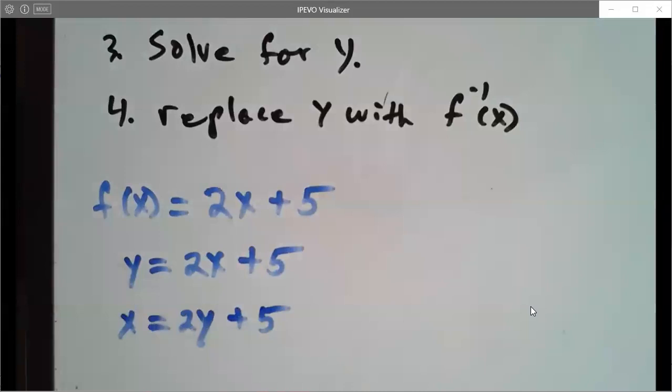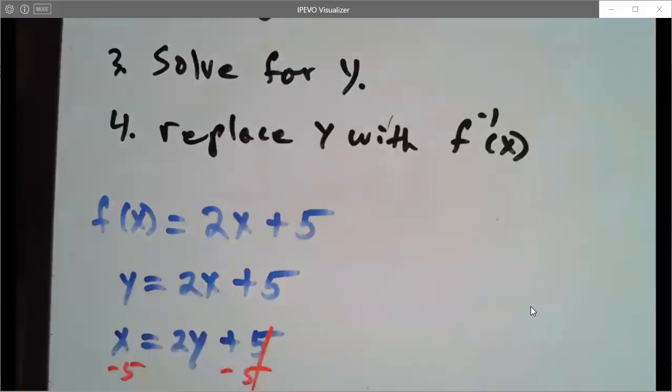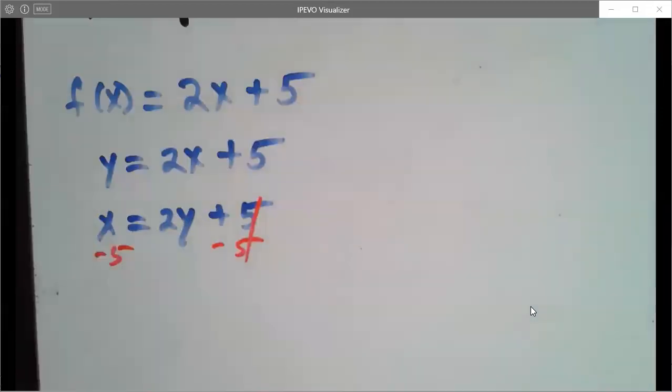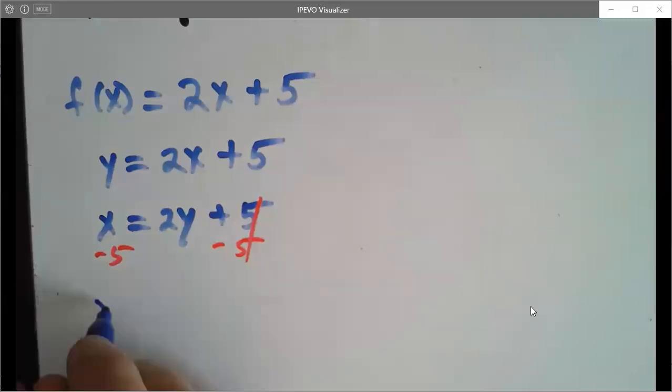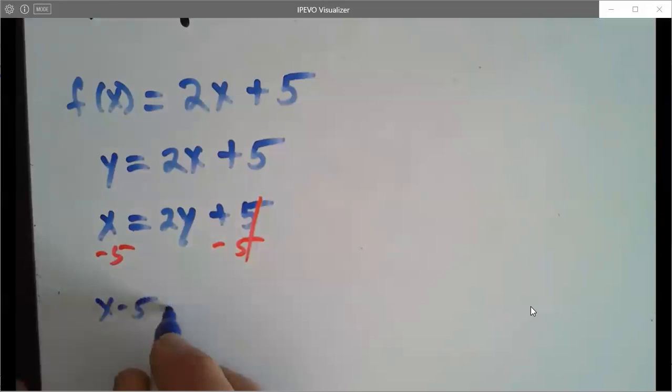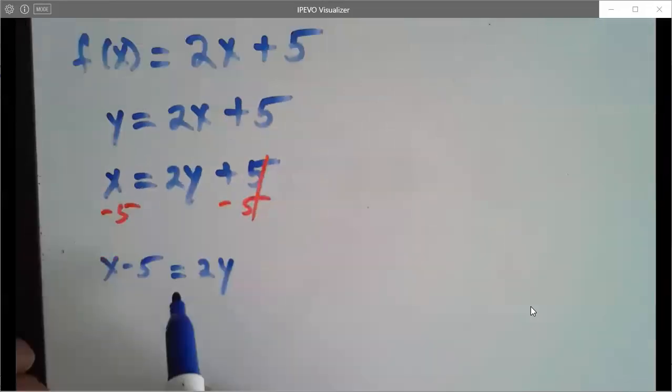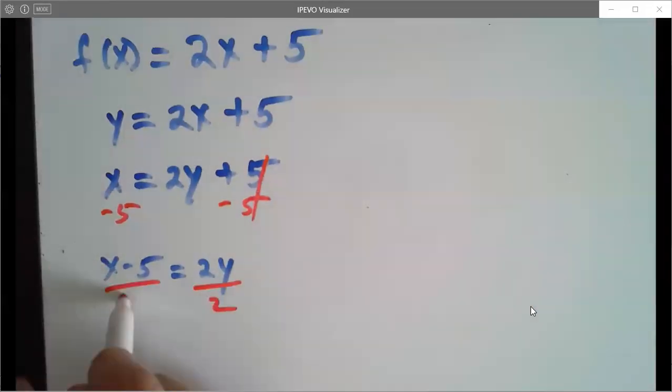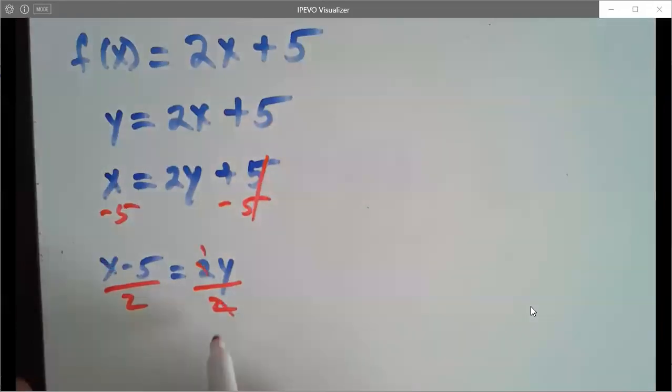To solve for y, we apply a minus 5, the additive inverse, so the 5's cancel out, and we get x minus 5 equals 2y. Well, what do we do with that 2? We have to make that 2 go to 1 by dividing both sides by 2. So the 2's divide out.